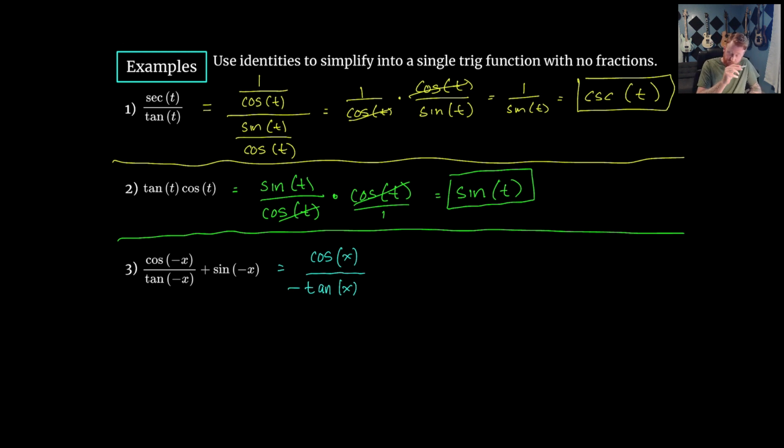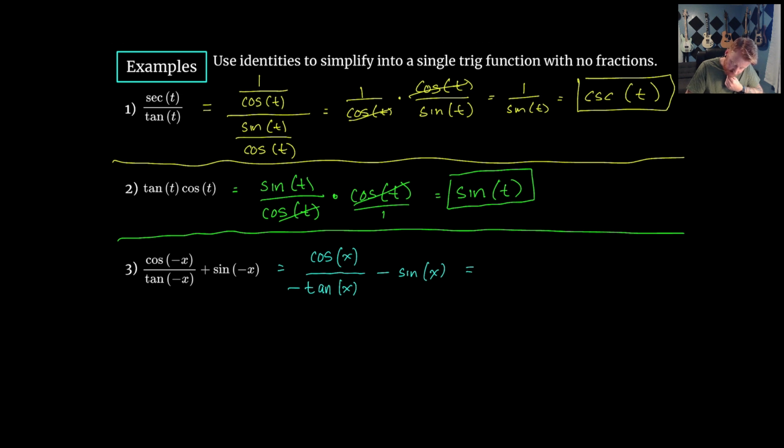So there I'm putting the negative on the outside. And I also know that the sine of negative x is the same as the negative sine of x. So here I'm thinking about, I don't want to say pulling the negatives out, but you can kind of think of it that way when you have odd functions. So this is just using the fact that cosine is even and that tangent and sine are odd to make this first step here.